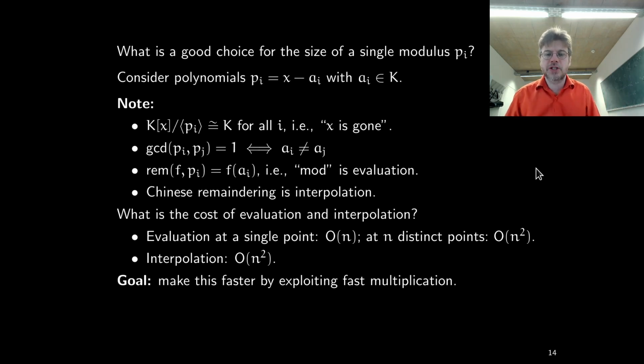So there's no expression growth, no expression swell in finite domains, and that's what we want to take advantage of by applying the principle of evaluation and interpolation, also called the technique of using homomorphic images, computing in homomorphic images.